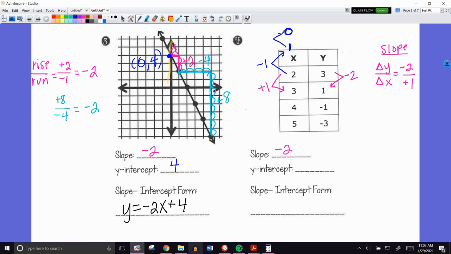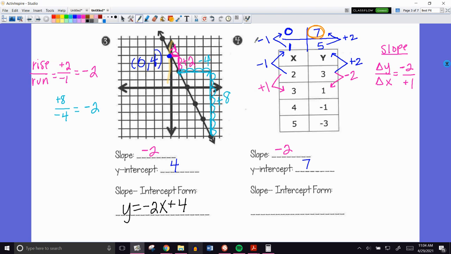So I have to do it again so that I can get to 0. Now I'm going to go backwards and, instead of subtracting 2, I'm going to add 2. So 3 plus 2 gives me 5. And then if I add another 2, 5 plus 2 will give me 7. So for my y-intercept, I have my coordinate 0, 7. So this 7 is going to be my y-intercept.